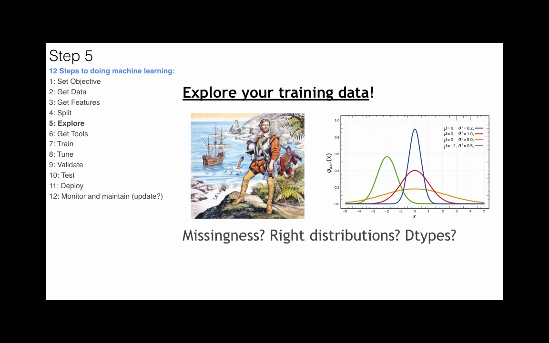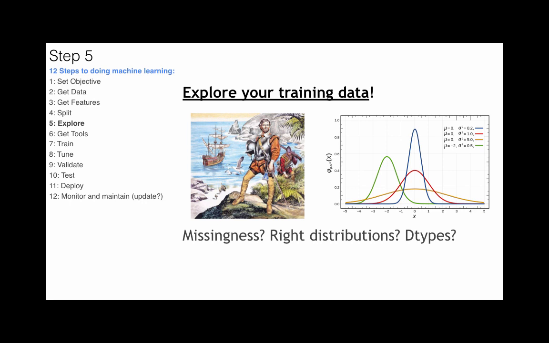The central limit theorem says we're eventually going to get to normal distributions in a lot of these independent variables, and so we expect things to be normally distributed. If I then look at my data and it has some very crazy distribution, like it has a super long tail, or it's really centered with short people, but I don't have any tall people in my data set, all of that's going to be red flags, right? Something has gone wrong in my data collection process, and ultimately the model that I'm going to train is going to be biased in some kind of way that is going to limit the generalizability of the tool.